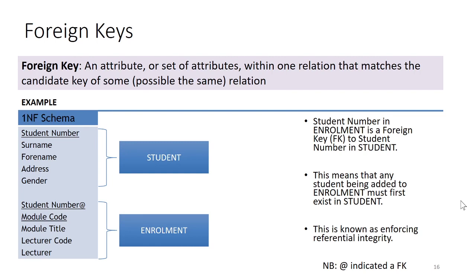What is really important is considering this point: a student number in enrollment is a foreign key, or FK, to a student number in student. This means that any student being added to enrollment must first exist in student. Okay, that's technically known as enforcing referential integrity. And as I said, we use @ for indicating a foreign key.